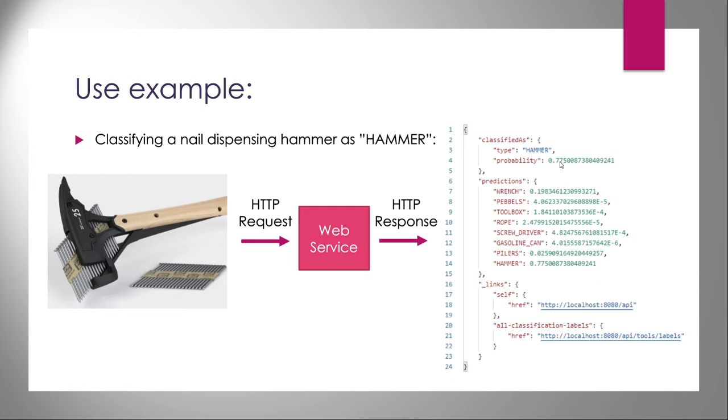The probability is shown as decimals here. It also shows other predictions of the rest of the labels. As seen, these decimal numbers can be confusing as they have the exponential mark at the end if it's a very small decimal.